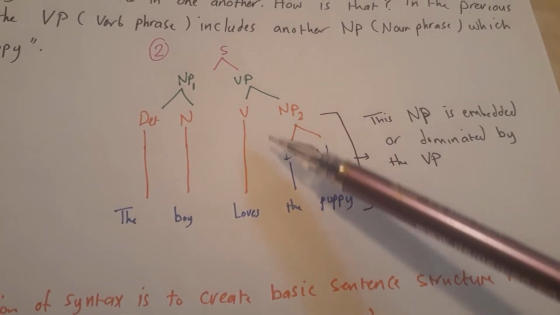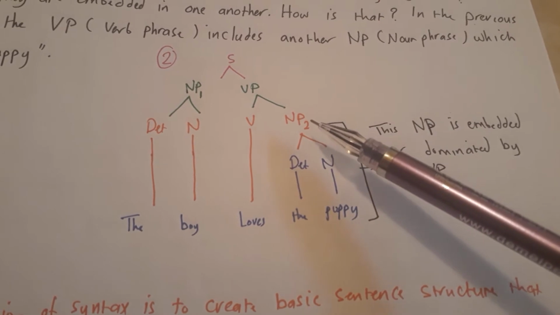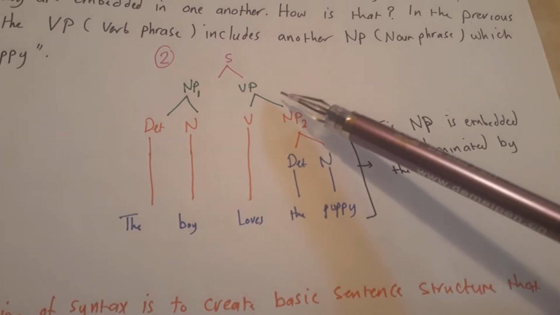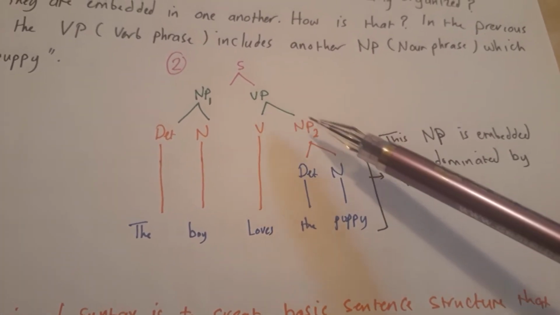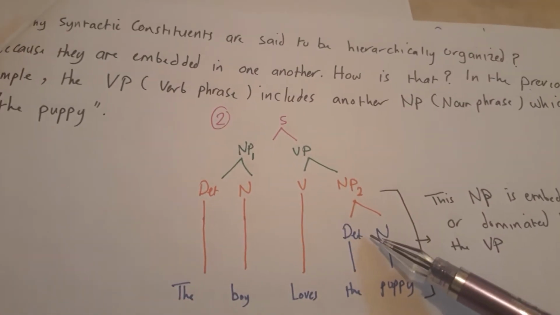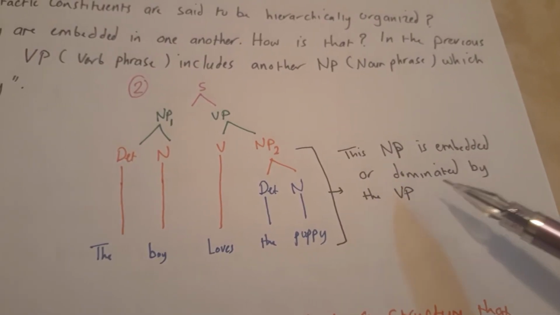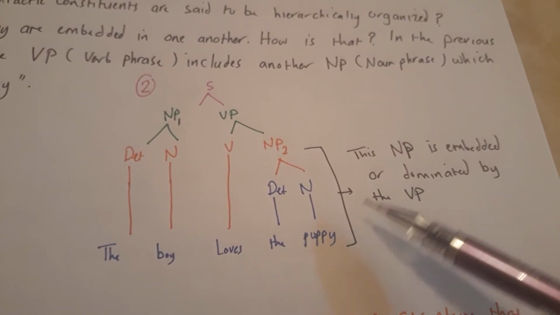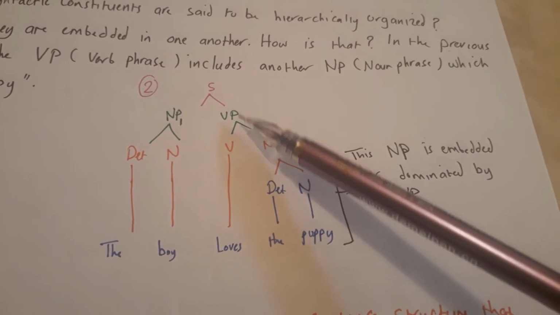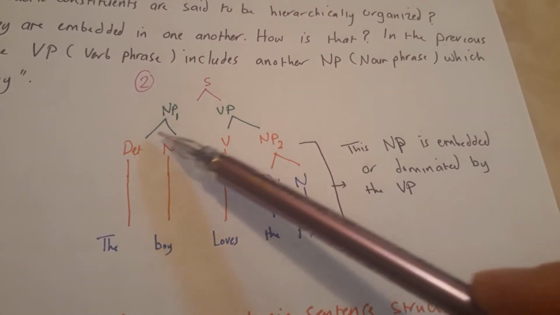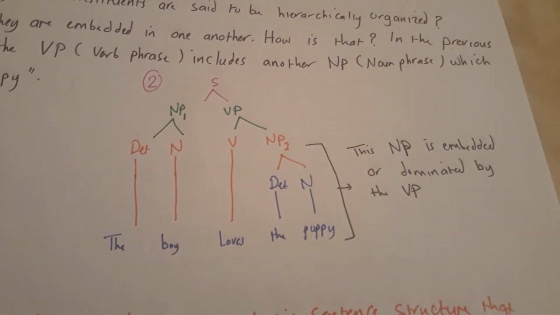Now this phrase, which is the NP2, is embedded under the VP. So this is what the hierarchy of the sentence means. So the NP is embedded or dominated by the VP, and the VP is dominated by the S, as well as the NP is dominated by the S.